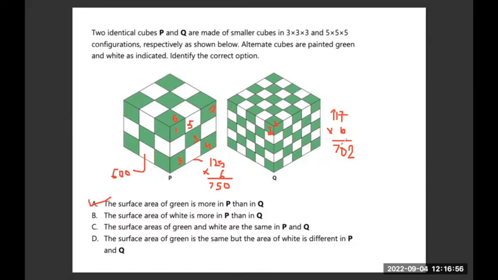For the other cube, 1, 2, 3, 4, 5, 6, 7, 8, 9, 10, 11, 12. 12 into 3 into 3 yields 108. Multiplied by 6 yields 648. That's all I did.